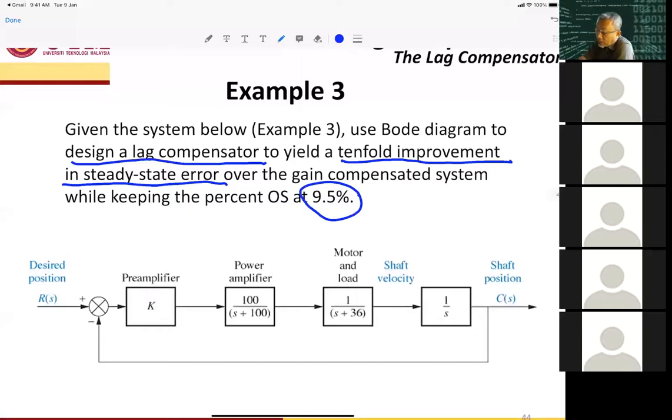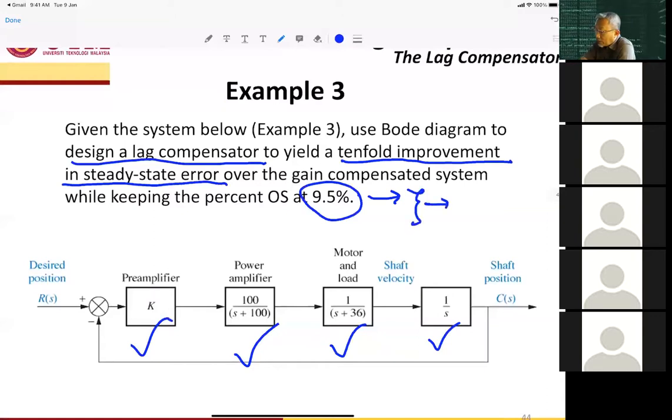So we are using the same block diagram as in the gain adjustment, where we have a pre-amplifier, the power amplifier, the motor and load, and the integrator 1 over S. From these questions, overshoot 9.5% will give you zeta, and from the zeta, you will get the phase margin.